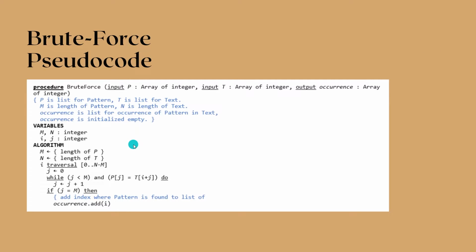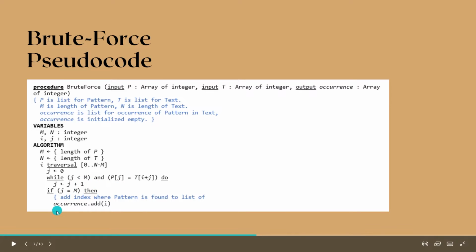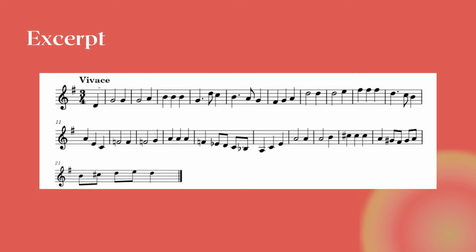Here there is a loop that traverses through the indexes 0 to n minus m, and then for each index, it checks if the characters match for all of the pattern, then it adds that index of the text to the occurrence array. Here we're gonna bring it back to the fugue.